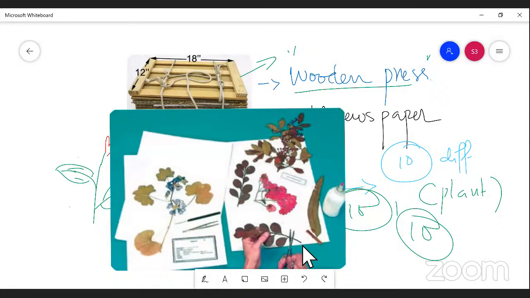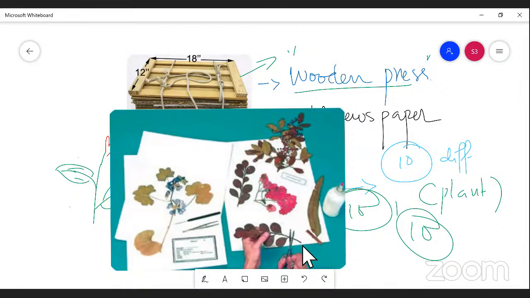After mounting, these dried specimens on a specific sheet are going to be labeled. Right? What is it? Stem, leaf, inflorescence, or any other character to be labeled. And not only that, where it was collected, who collected it, date of collection, locality, country, state, etc. All the data, along with the scientific name.